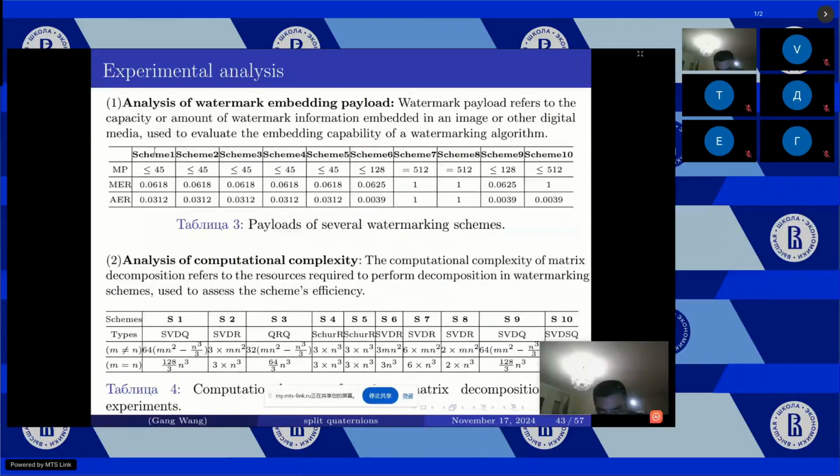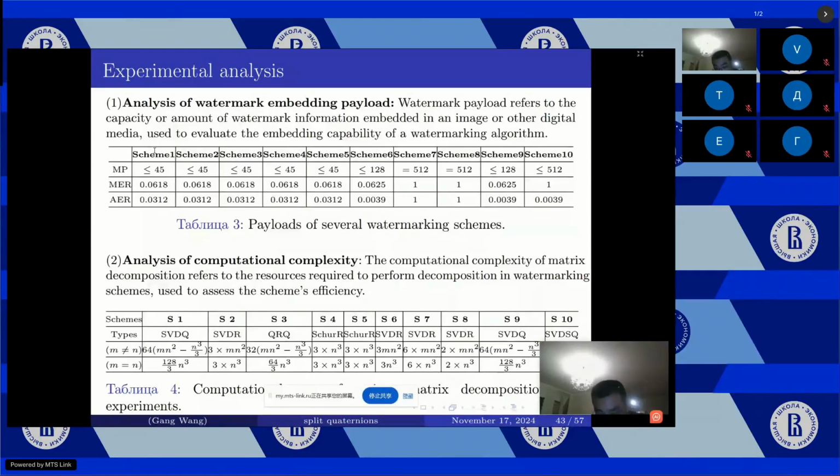As shown in Table 4, pure decomposition and SVD based on RGB channels have relatively lower computational complexity. Following this are SVD based on split-quaternion matrices, where pure decomposition and SVD based on quaternion matrices have higher computational complexity. This computational complexity only reflects watermark embedding efficiency from a mathematical perspective.